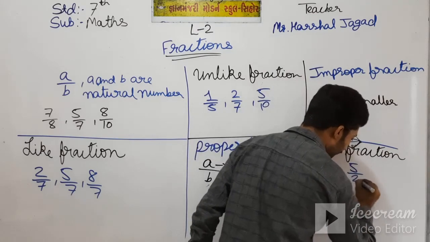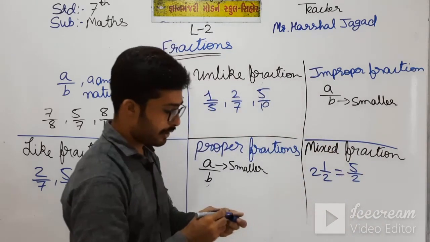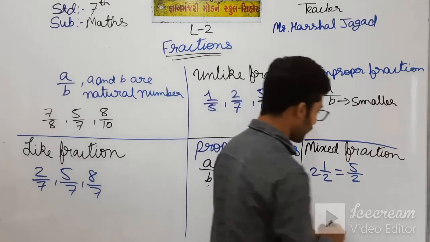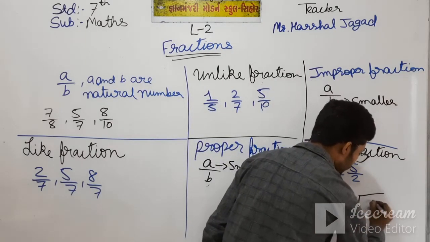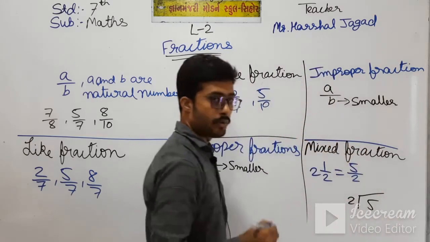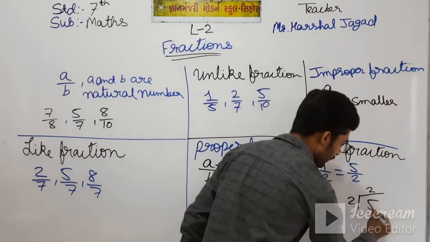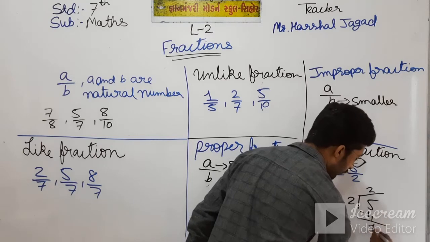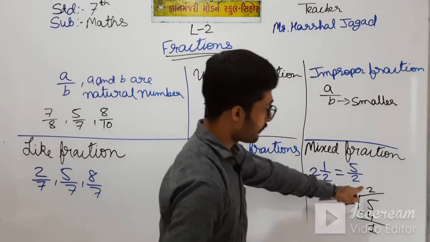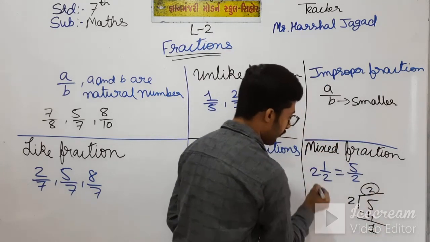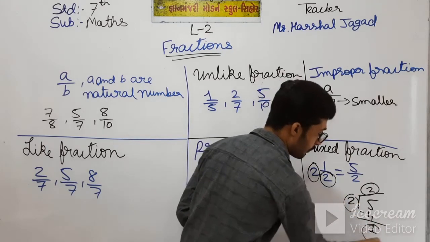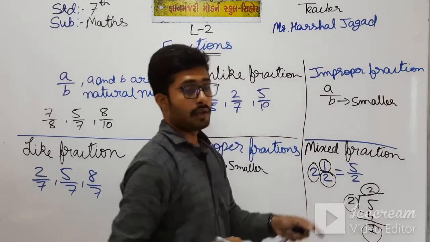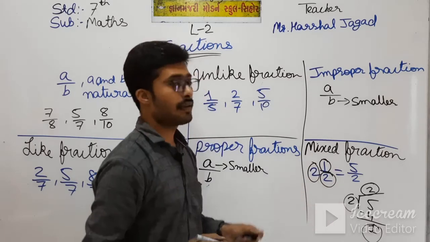This is 5 by 2. How have we written this? I am telling you that if we divide 5 by 2, then 2 twos are 4 and 1 remains. So this 2 we write downward and this 1 upward. So this is written as such.